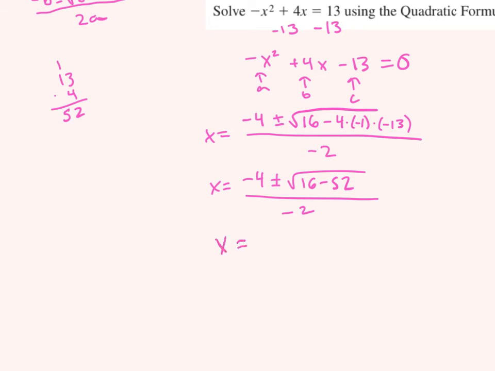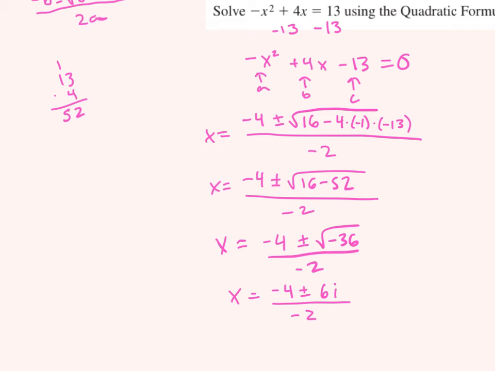So x is equal to negative 4 plus or minus 16 minus 52 is negative 36 over negative 2. The square root of negative 36 simplifies to 6i.